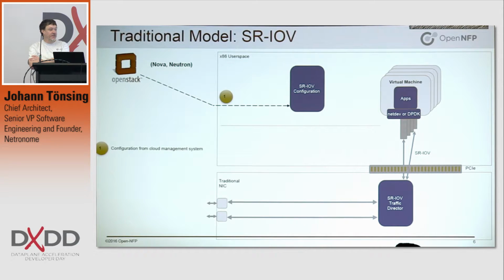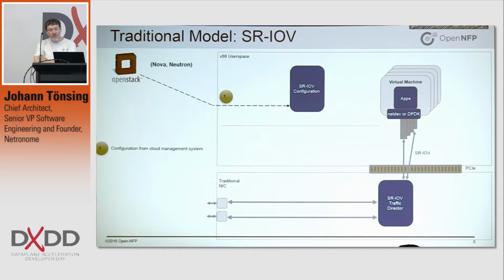It effectively means that the VM can map a certain queue directly into the NIC. And it looks like a device on the PCIe bus, a so-called virtual function rather than physical function, but still it's a device on the PCIe bus. And you interact with that device, configure it a little bit, get packets back and forth.